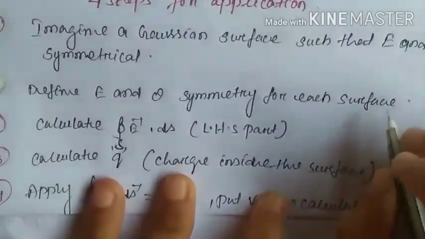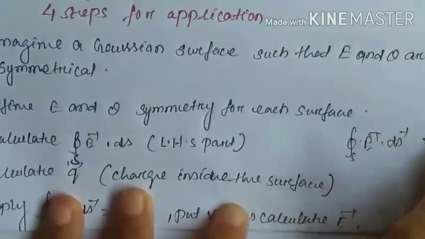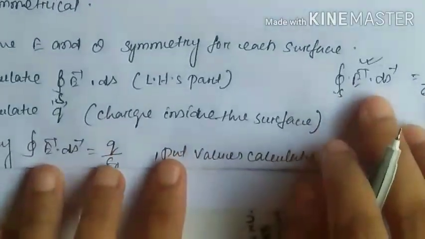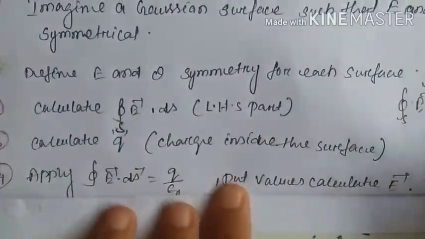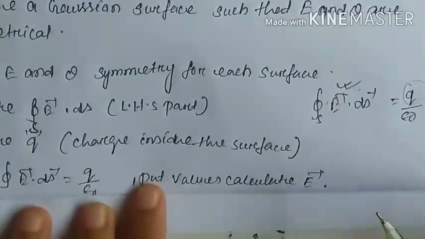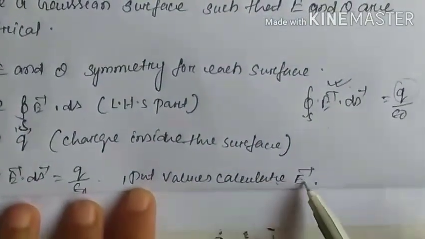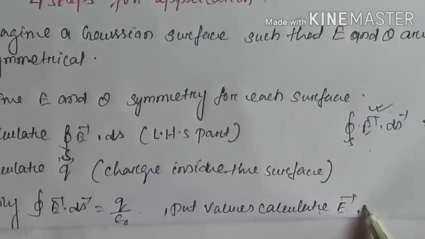In the left hand side we have E dot dS equal to q by epsilon naught, so the next part is to calculate E dot delta S. Then we calculate Q, the charge inside the surface. Then we apply this formula, put in the values, and calculate the value of E.